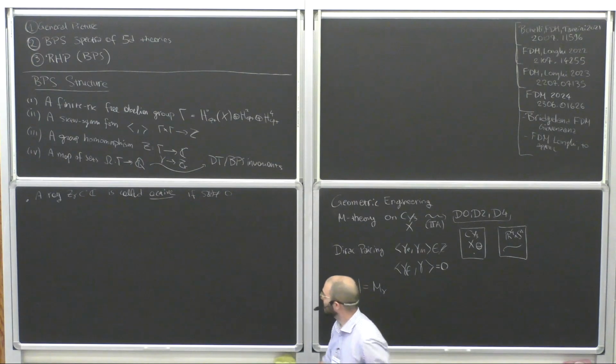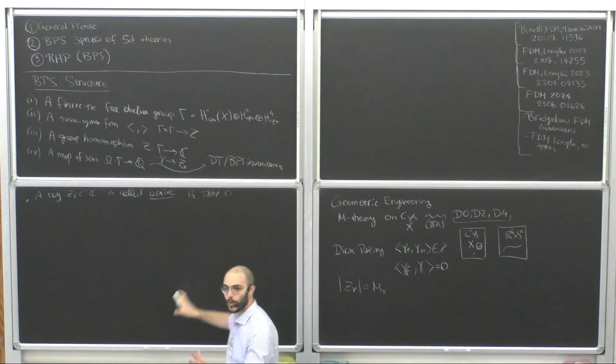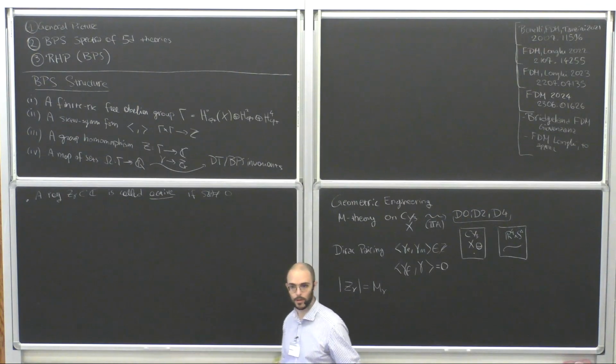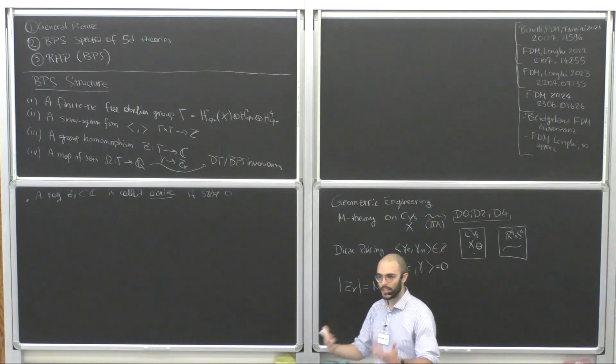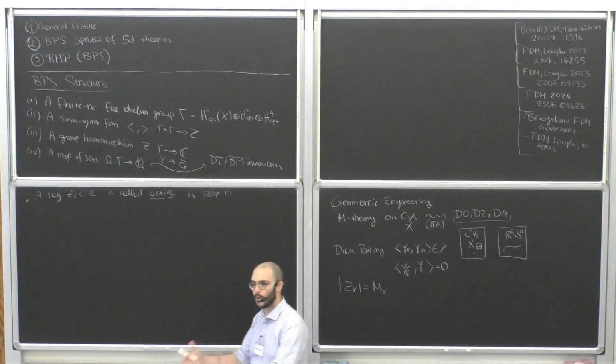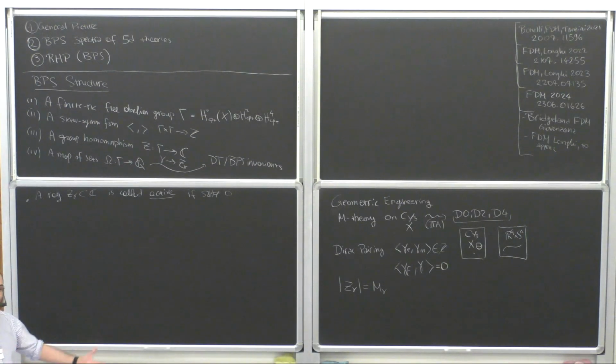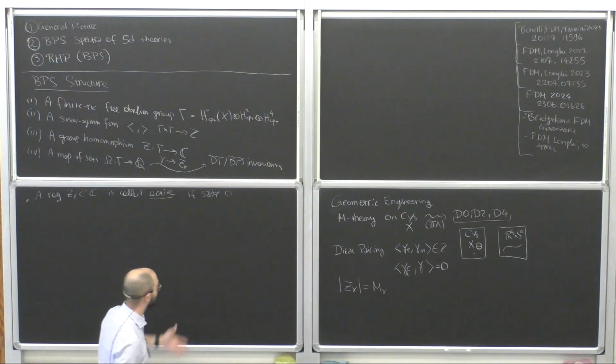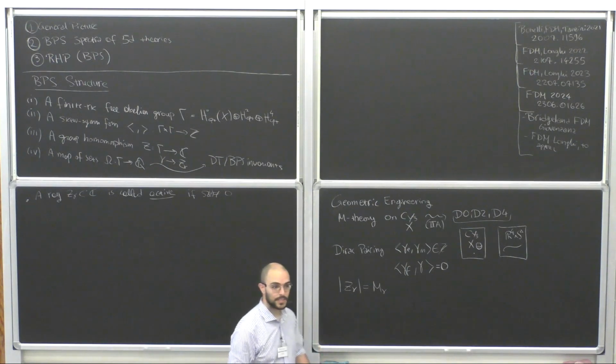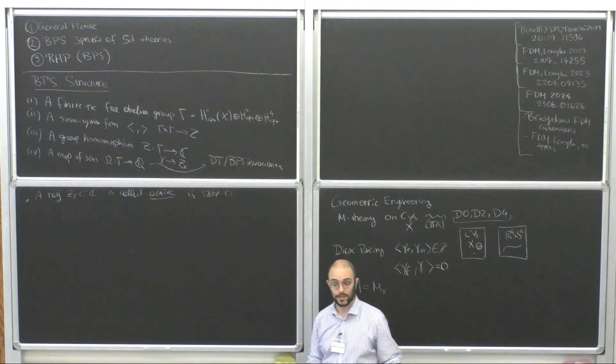So the order 0 problem, which is already quite a complex problem, is: I give you a Calabi-Yau threefold, I give you a point in the moduli space of this Calabi-Yau threefold. Can I list all the stable particles? Now, normally one would compute a generating function for these invariants, and that's already very good.